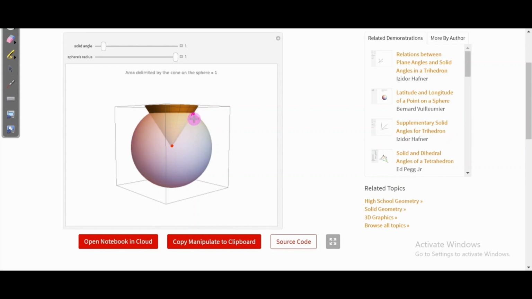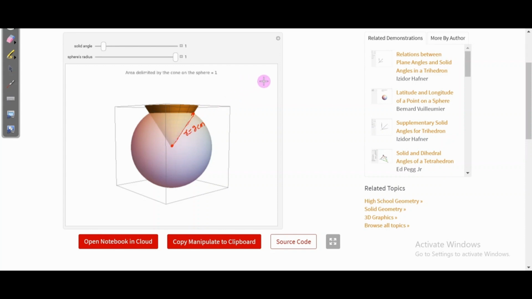To the outer surface there will be some distance, and we know that this distance is called the radius. This will have some value. Let's say this radius is 2 centimeter.